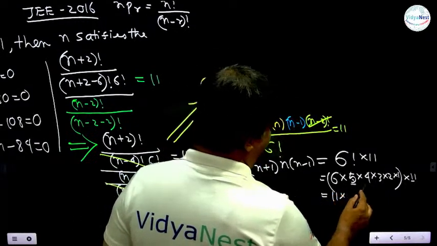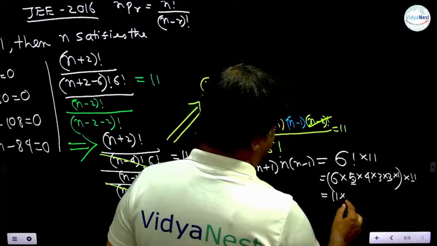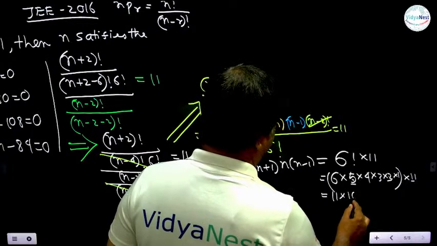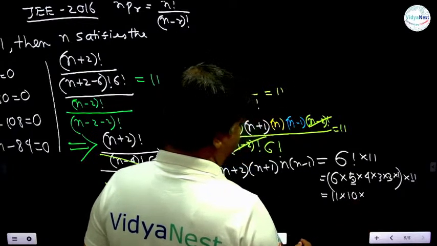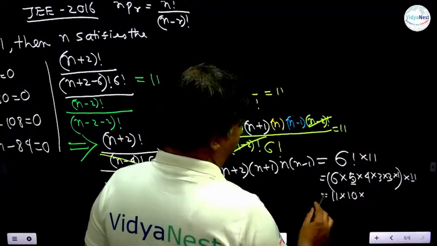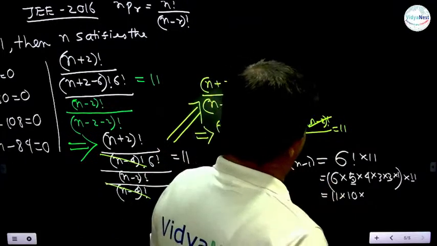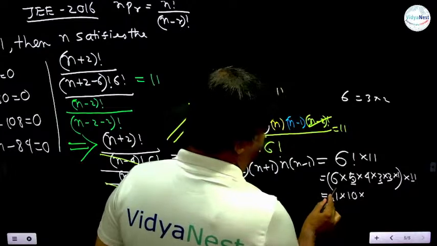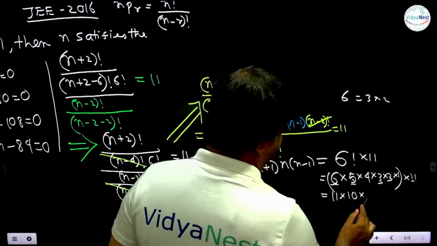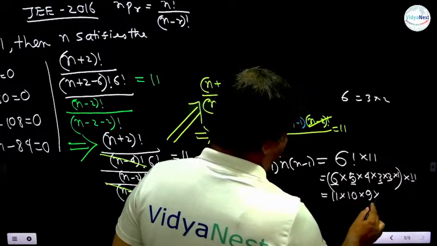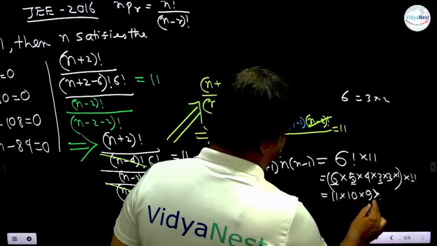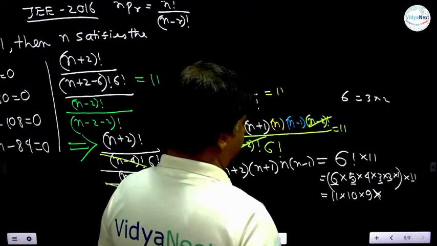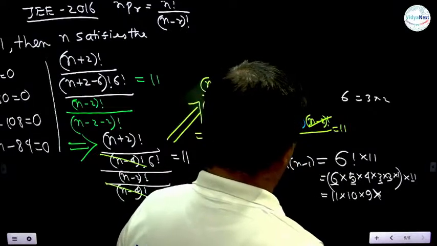Then 5 into 2 is 10. 6, 5, 4, 3, 2, 1. Then, oh yes, I can split 6. 6 means 3 into 2. So 11, 10, 9. Then 8.